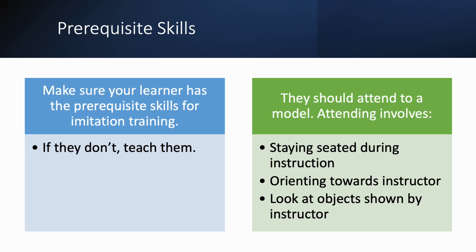But if you're not setting up a good trial for them, where they are getting the opportunity to look at a model, to attend to a model, you're not gaining their attention first, then you're setting them up for failure. So make sure that you do get their attention first, and that they are oriented towards you, and that they are oriented towards the object if you're going to be using some form of objects.